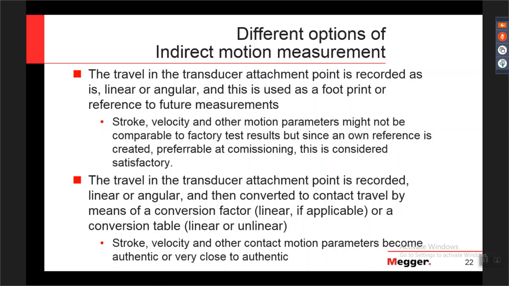You buy a conversion table, and so you can recreate the real travel motion. And in that case, you can compare all parameters.